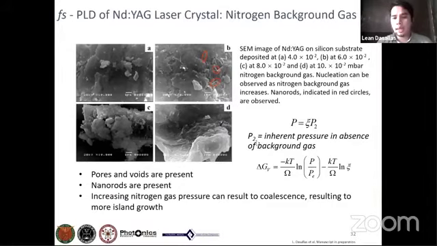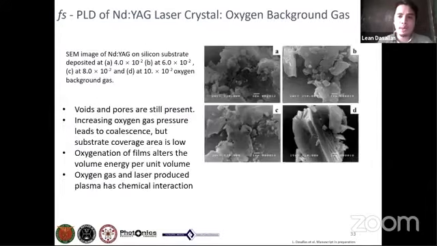And we explain it again using the volume free energy. But when we use oxygen background gas, we did not observe the same behavior, and we think it's because of the chemical interaction of the oxygen with the Nd:YAG laser as it is being deposited.